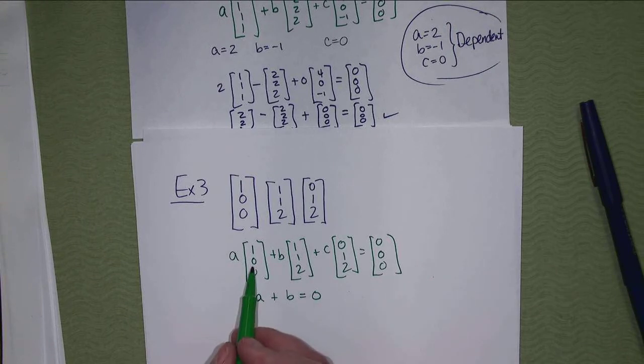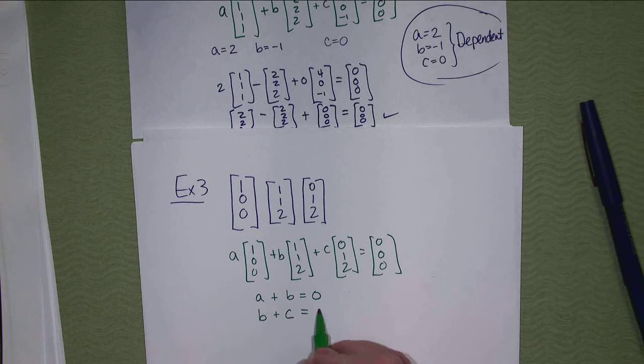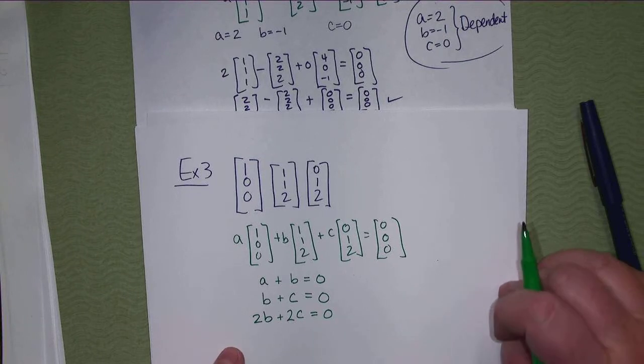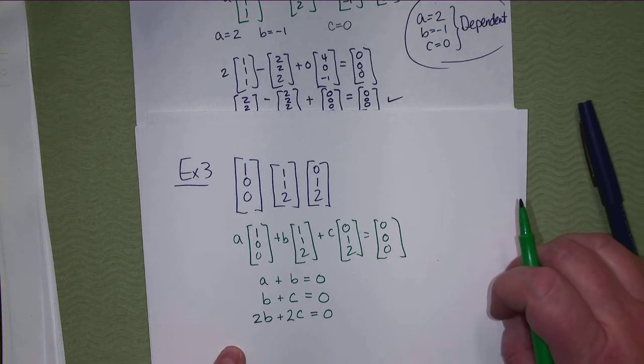No A in the second row, plus B, plus 1C equals 0. And in the third row, no A, 2 B's, 2 C's, equals 0. Now, when you look at these equations, there could also be a hint in here whether they're dependent or independent.